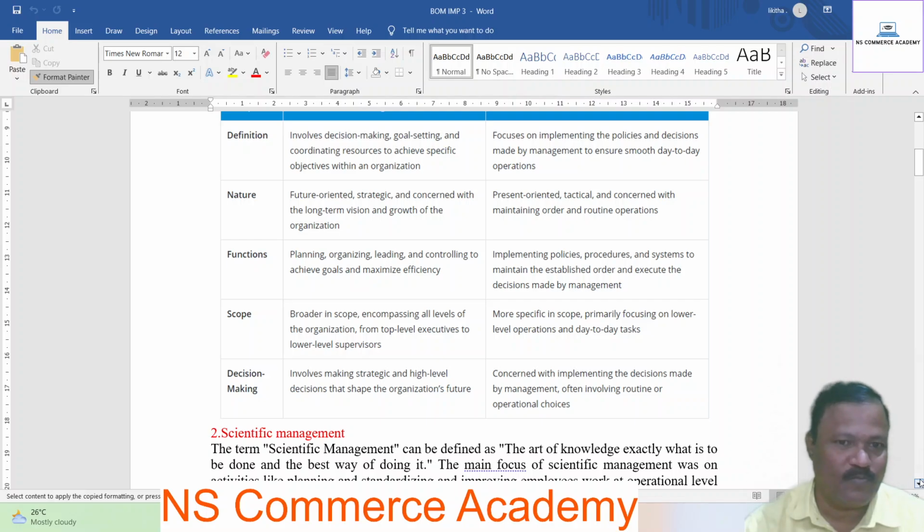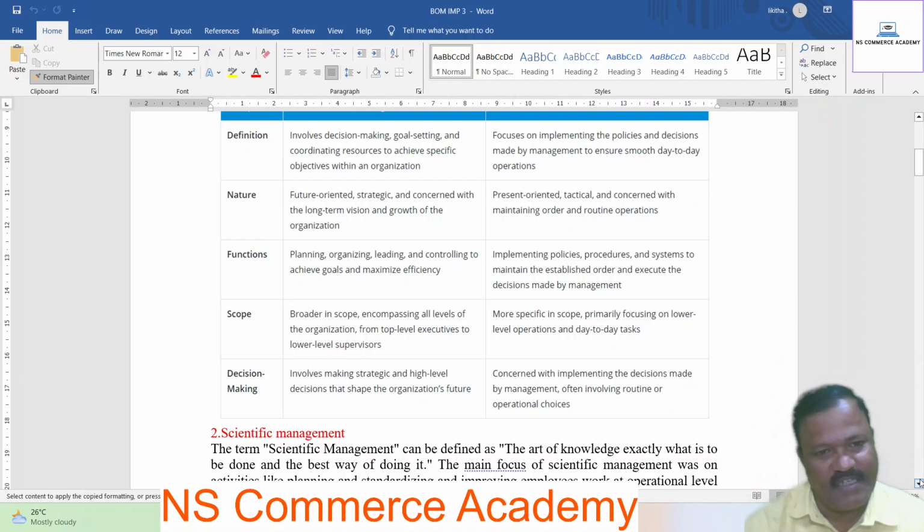Next two differences, in case of scope. Management is broader in scope, encompassing all levels of the organization, from top level executives to lower level supervisors. Whereas administration is more specific in scope, primarily focusing on lower level operations and day-to-day tasks.